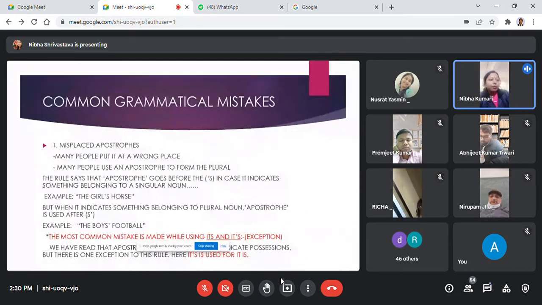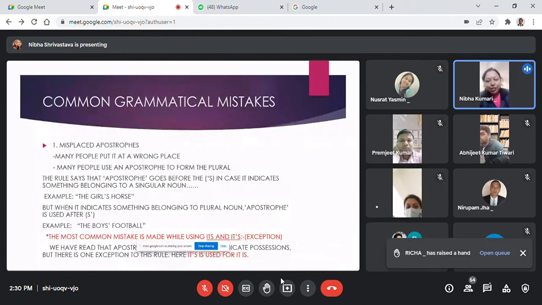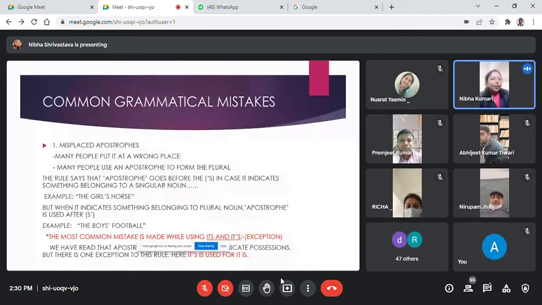One more common mistake made while using apostrophes is the use of its and it's. It is an exception. We have always read that the apostrophe mark is used to indicate possession, but here there is one exception to this rule.